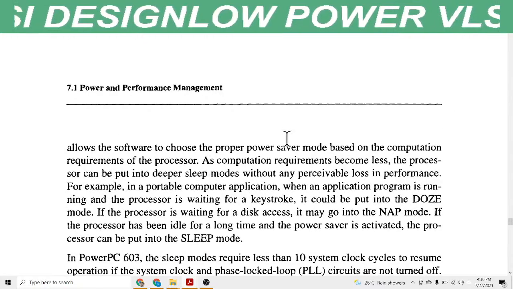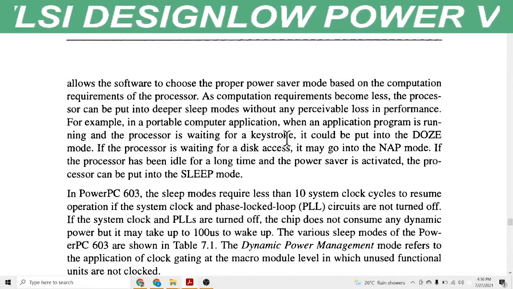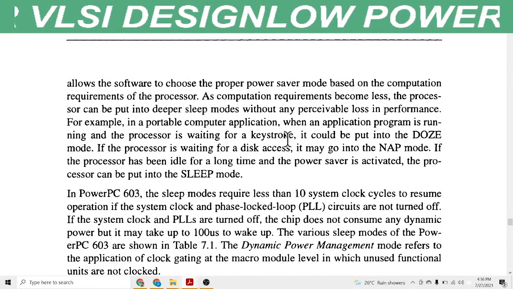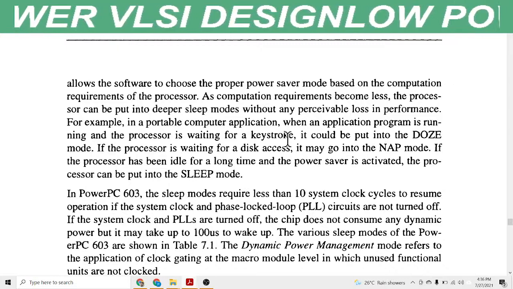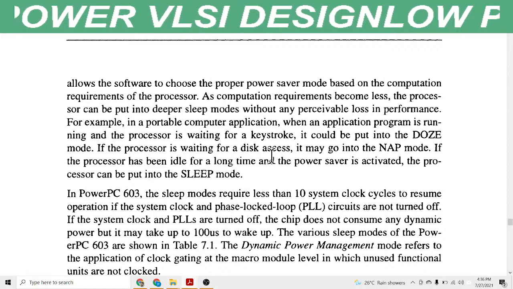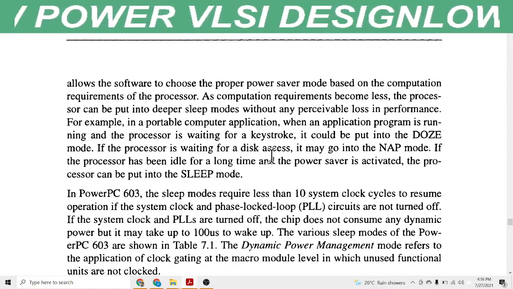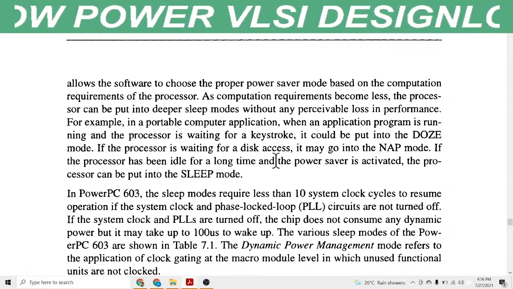Okay, now along with this there are several other processors also, in which different modes are given for the purpose of power management.